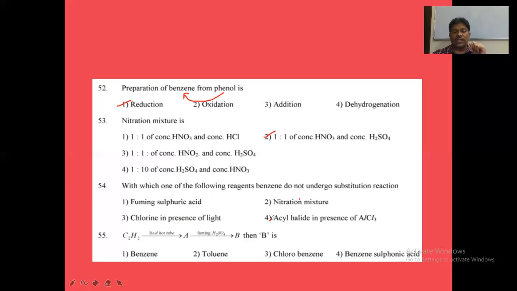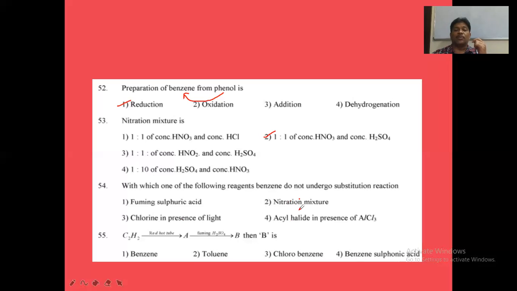And the fourth option, acyl halide CH3COCl, in presence of AlCl3 will give CH3CO+, which is an electrophile again. That electrophile will be substituted.